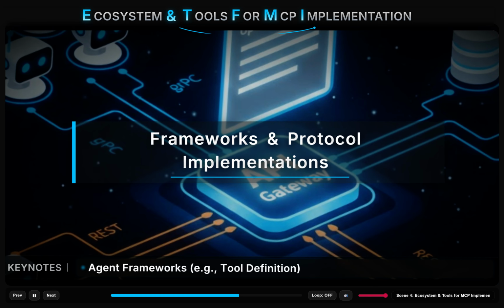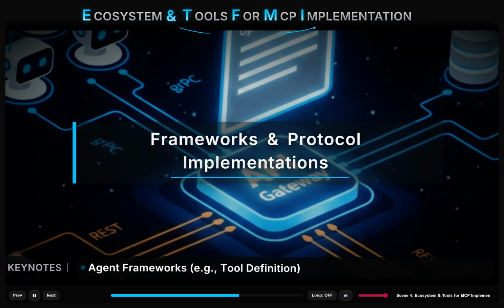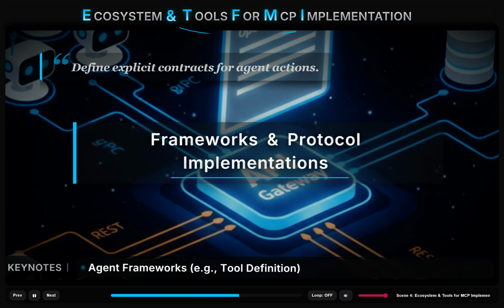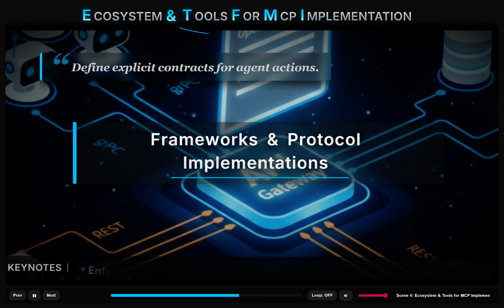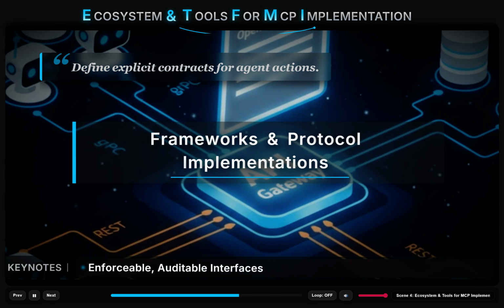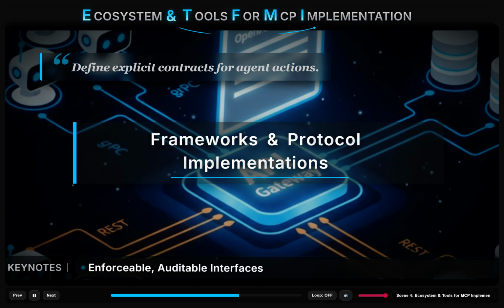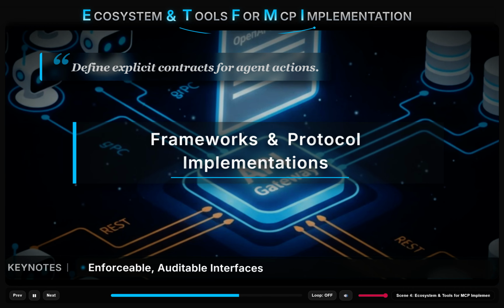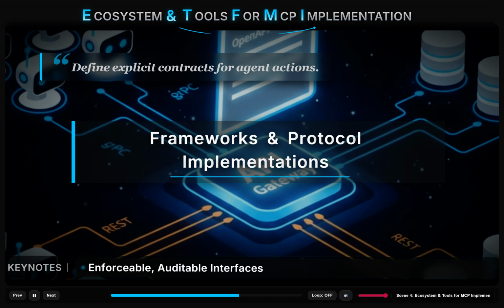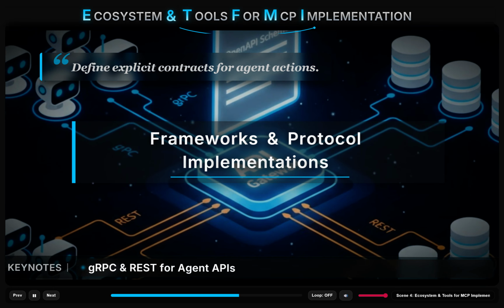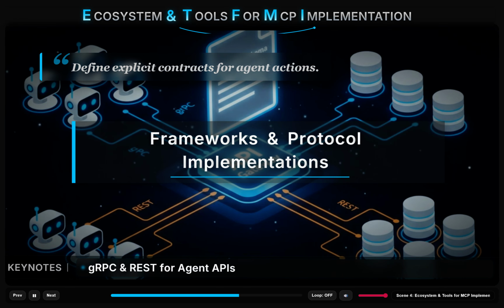We're talking about standard RPC mechanisms like gRPC for high performance, strongly typed contracts, or REST APIs for broader compatibility. OpenAPI or AsyncAPI become indispensable for strictly defining your agent's tool schemas, ensuring consistent and auditable interactions. I've seen teams leverage these frameworks to explicitly declare every permissible action an agent can take, transforming a potential free-for-all into a tightly controlled, auditable interface.